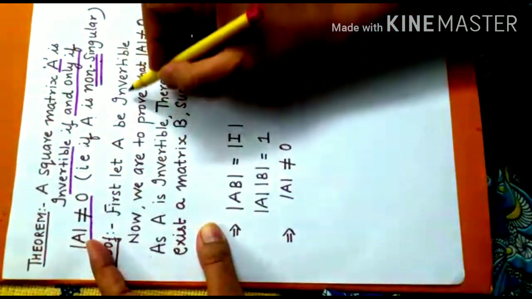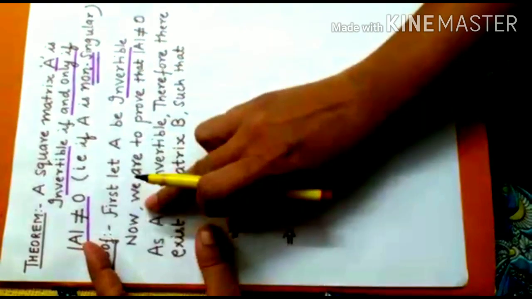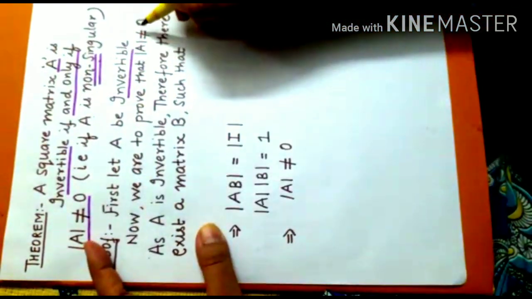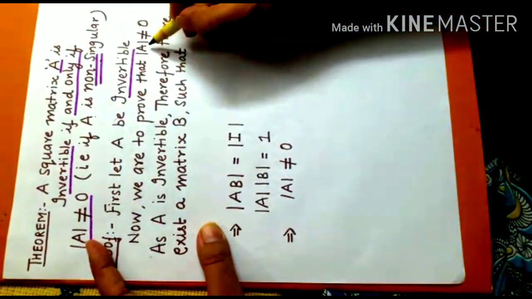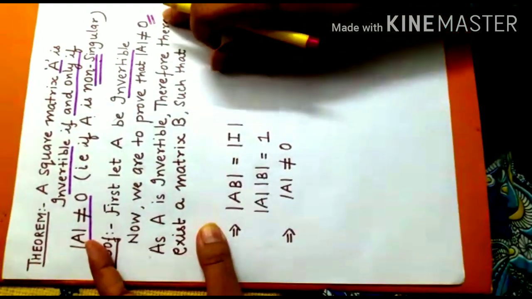First, let A be an invertible matrix. And here we are to prove that A is non-singular. That means I have to prove that its determinant is not equal to 0.